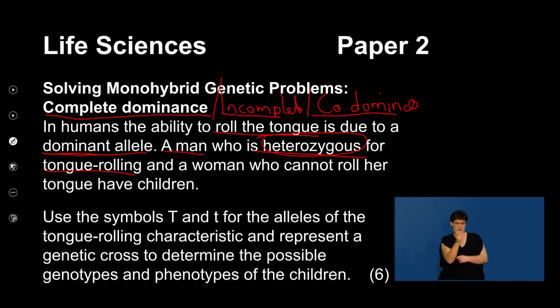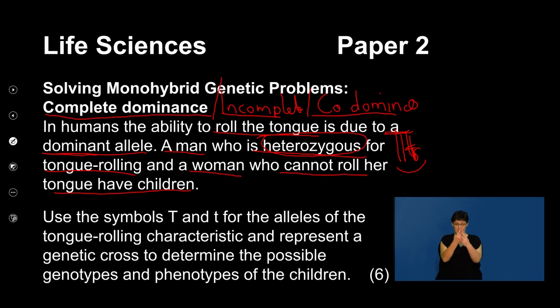Remember that in heterozygous, we're referring to the representation of a dominant allele, and in this case, I'm going to use the letter T, and a recessive allele, the small letter t. So a man who is heterozygous, meaning that he's got the dominant allele and the recessive allele, and a woman who cannot roll her tongue, have children.